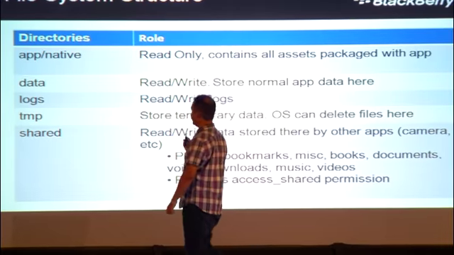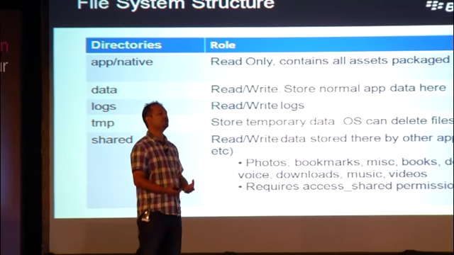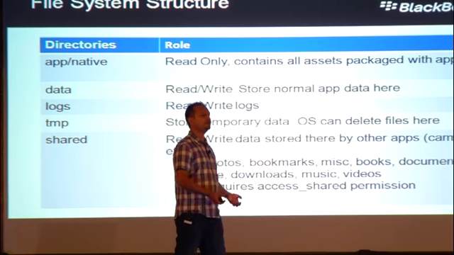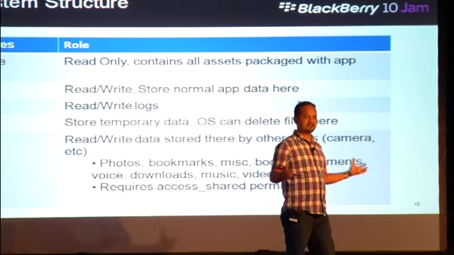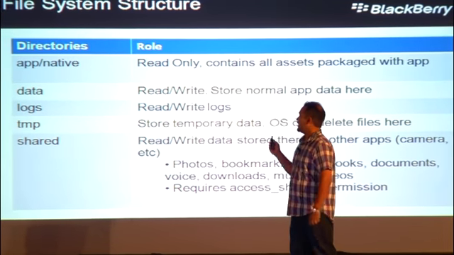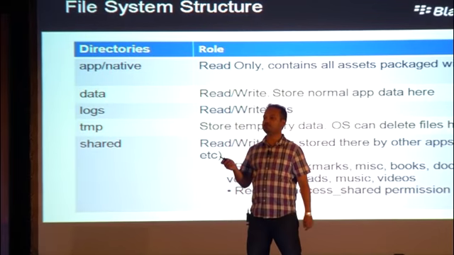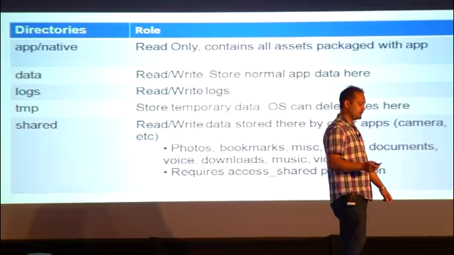The app/native folder is where your application binaries exist, including your assets like your images, sounds, or QML files. These are all packaged as a bar file, and that's what resides in app/native. However, you do not have write permission in this folder. You only have read permission, and that's for a good reason.